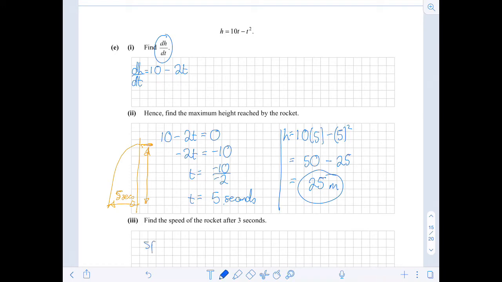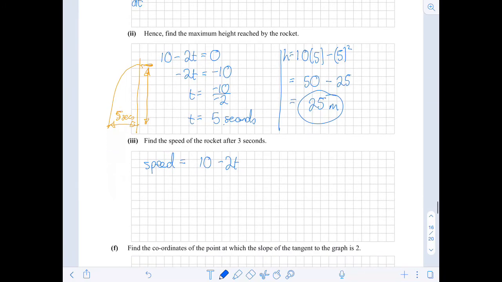So speed is equal to 10 minus 2t, because h, that thing there, is a formula for distance. And I specifically want to know the speed of the rocket after 3 seconds. So I now go 10 minus 2 bracket 3. So speed is equal to 10 minus 6, which is equal to 4.